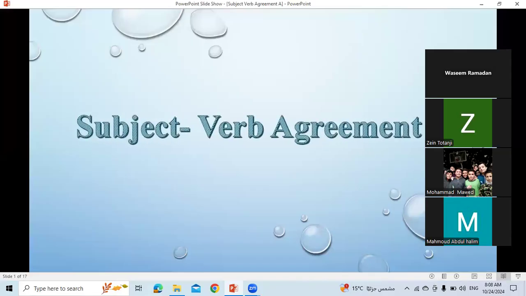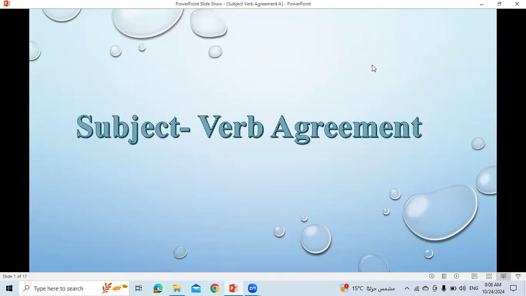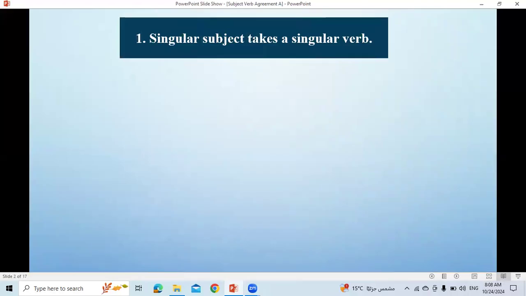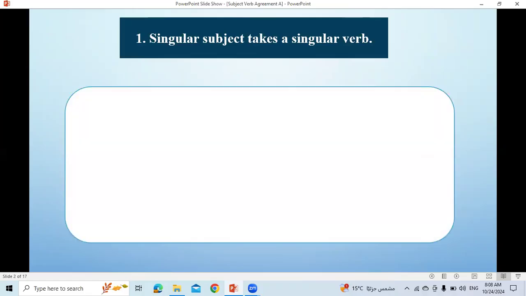Guys, subject-verb agreement. You know that usually, ever since you were young, they taught you that if the noun or pronoun is singular, then the verb simply takes an S, right? These are the basic rules.